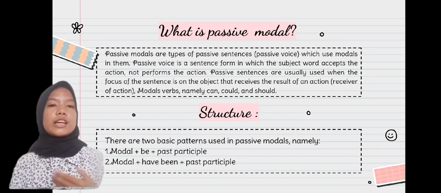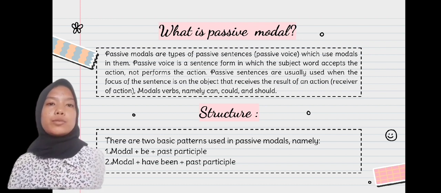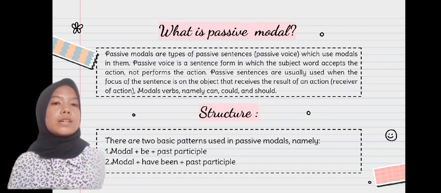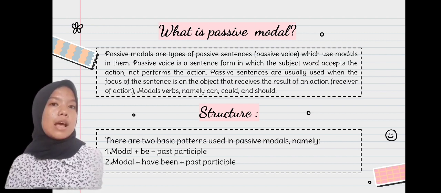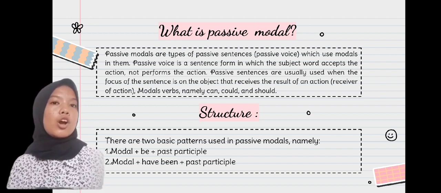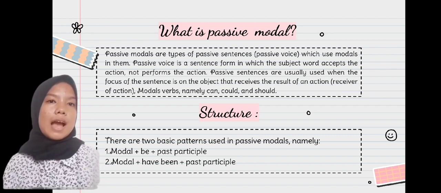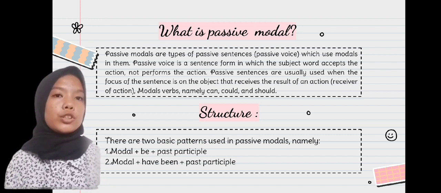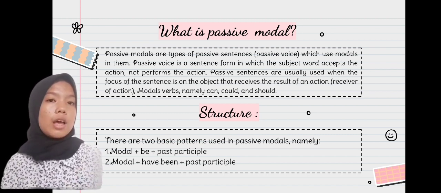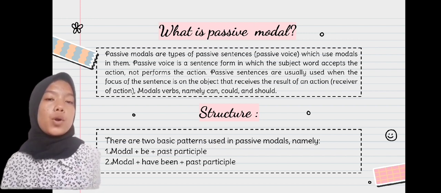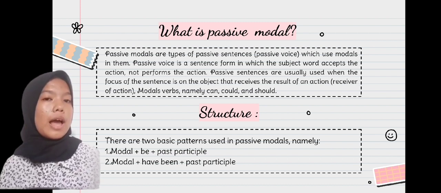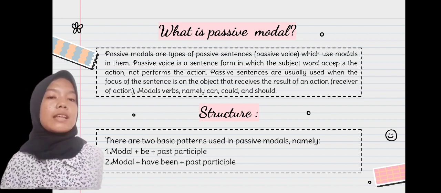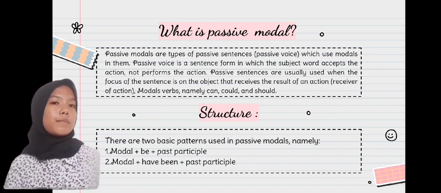Passive modal is a sentence form in which the subject receives the action, not performs the action. Modal verbs such as can, could, and should. There are two basic patterns to use a passive modal: number one, modal plus be plus past participle, and then modal plus have been plus past participle.